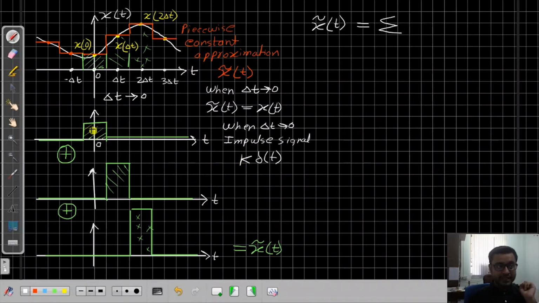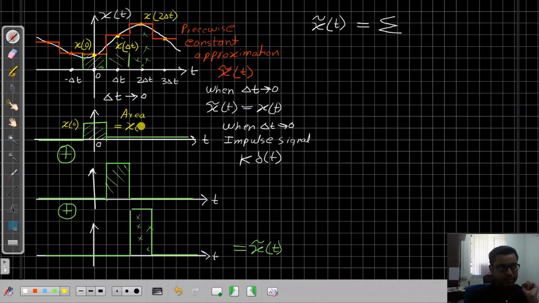Now how much is the area under this curve? Let us calculate the area. The area will be equal to the height of this signal. And how much is the height? The height, we have written it here. Here this height was x(0), and therefore this height is also x(0).